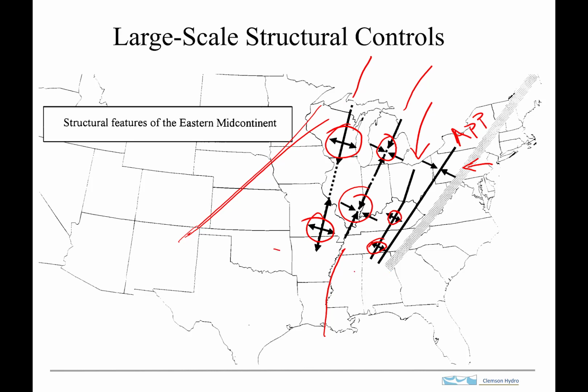If we look at it in cross section, we've got the Appalachians right here, and then we've got the Appalachian Basin is a trough, and then we've got this ridge right in here. And then we've got this low-lying area here with the Mississippi embayment and these two basins, and then this ridge. So this is kind of a simple way of keeping track of where those major structural features are.